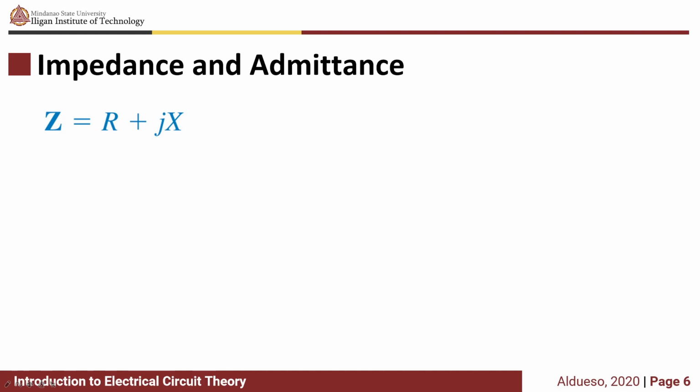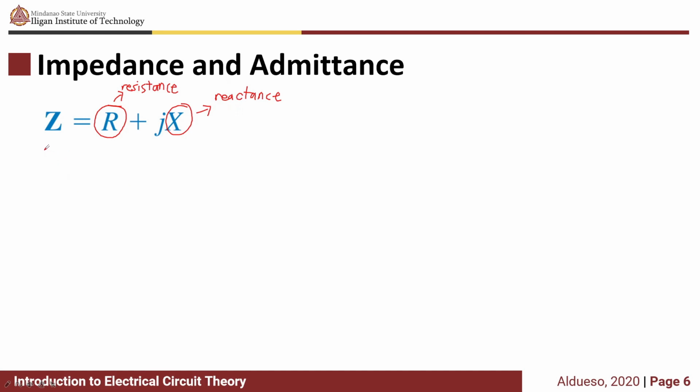As a complex quantity, the impedance may be expressed in rectangular form. So we have R plus jX, where R is our resistance and X is our reactance. The reactance X may be positive or negative. We say that the impedance is inductive when X is positive, or capacitive when X is negative.